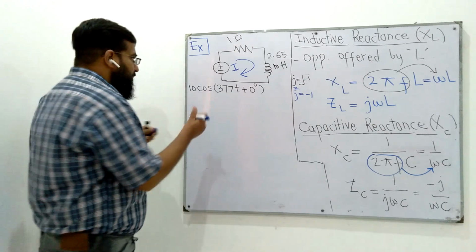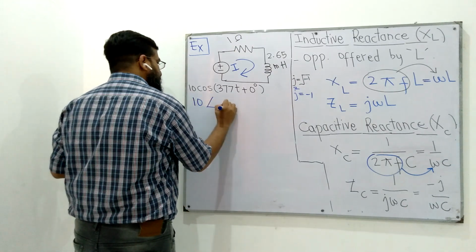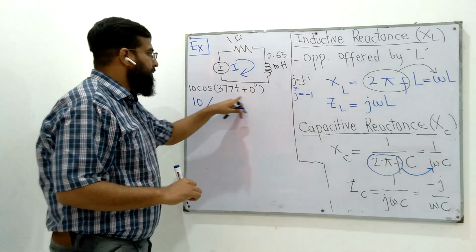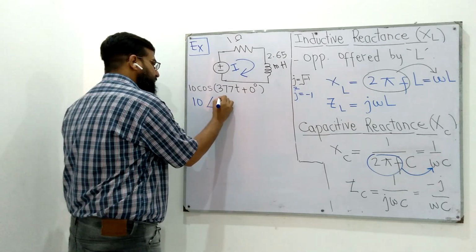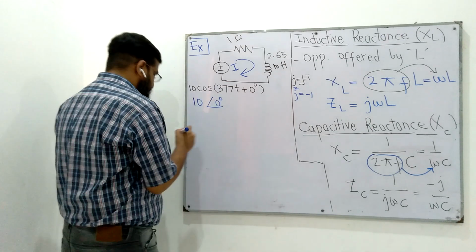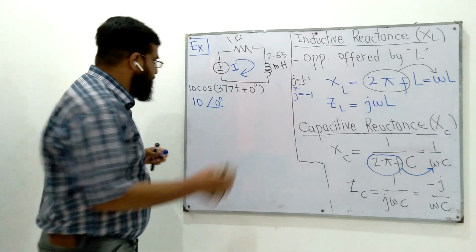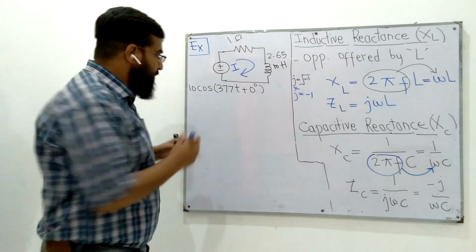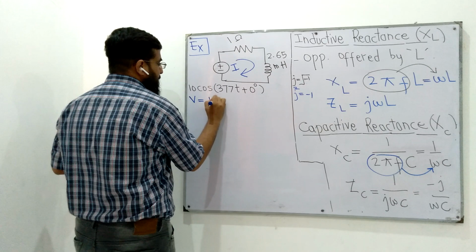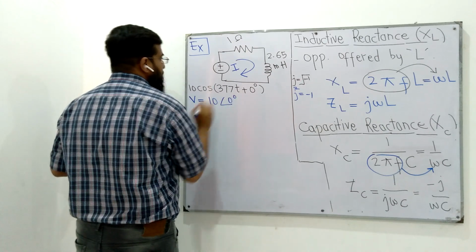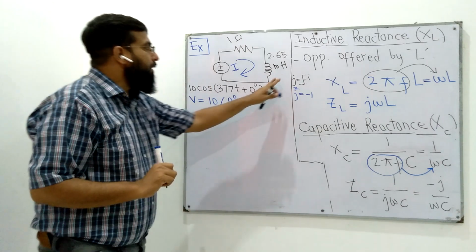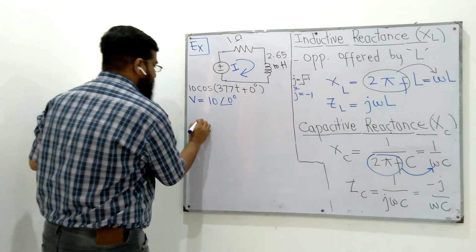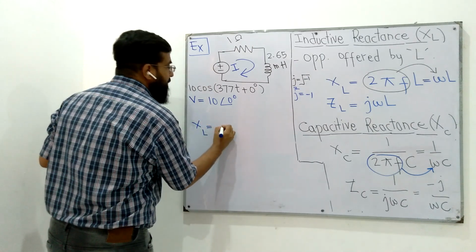So the magnitude is 10 at an angle of 0 degrees. So this is our V. The input voltage V is 10 at an angle of 0 degrees. Now to compute XL and then ZL.